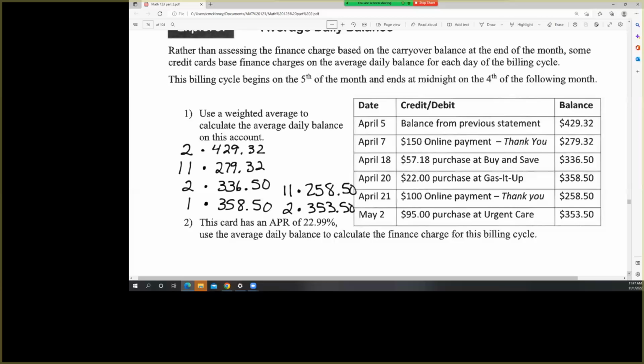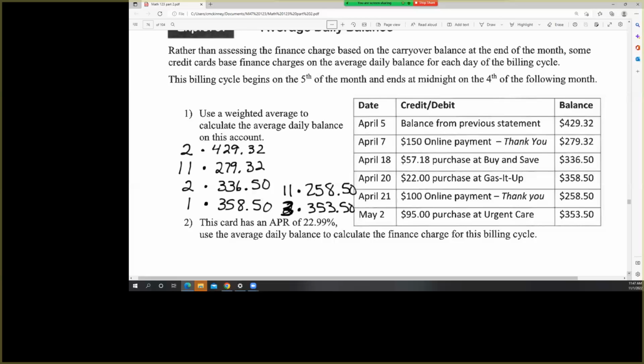And then after we've done that, we are going to divide by 22, and how many did I get there? 22. It ends on the 4th at midnight, 2nd, 3rd, 4th. Actually, this last one should be a 3. 30 days, yes. So then we're going to divide by 30.